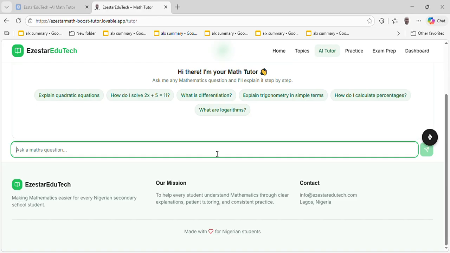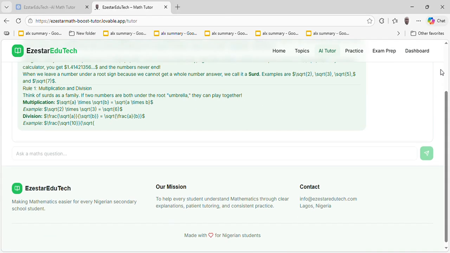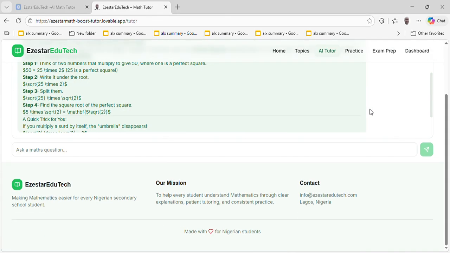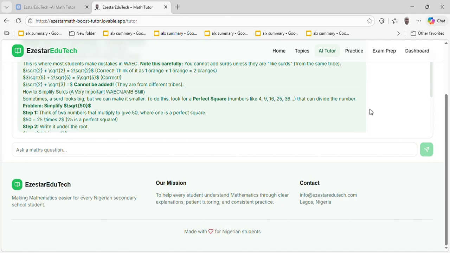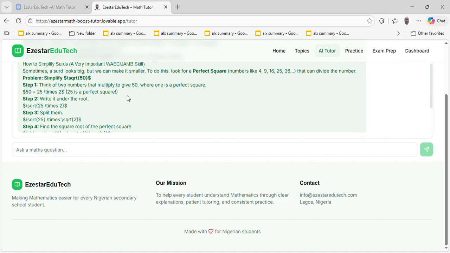For instance, let's type teach Moshood. Now, looking at this, we see that it explains the problem step by step, giving us step 1, think of two numbers that multiply to give 50, where one is a perfect square.